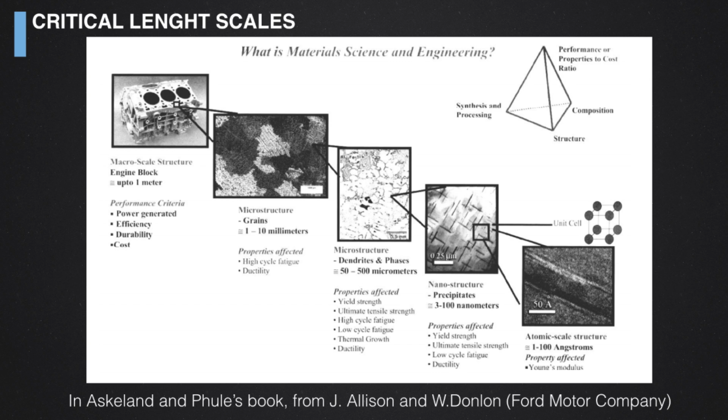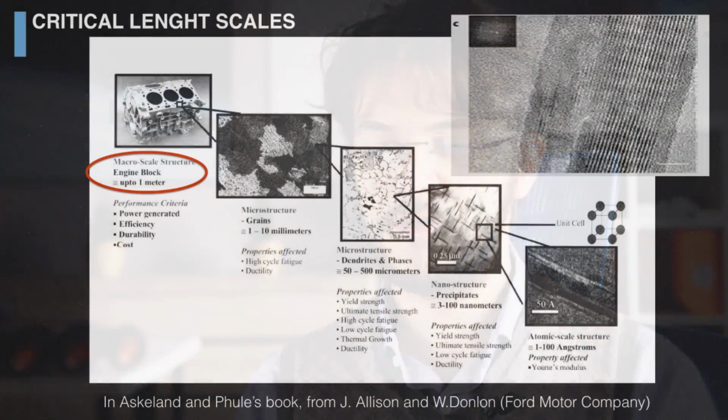So by substituting those atoms, for example, with another compound, another element, you could induce other properties, like a resistance to wear or like self-lubricating properties. So depending on what you do and at what scale, you achieve different results.